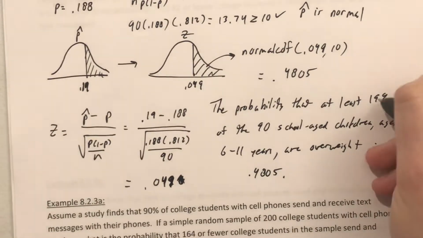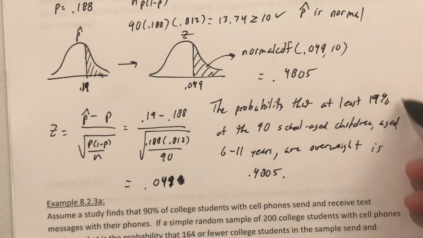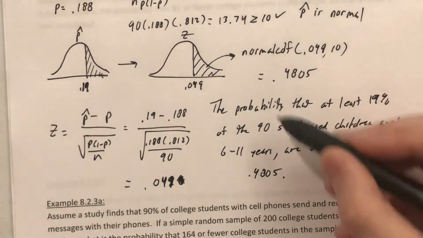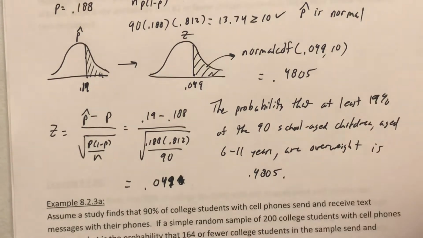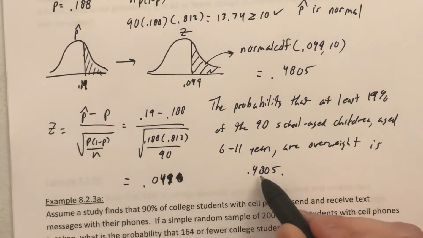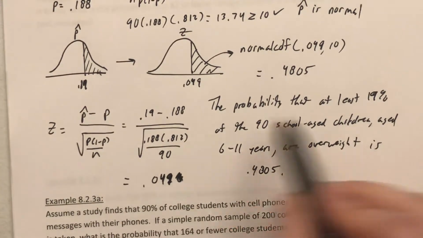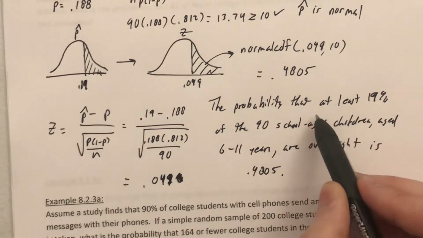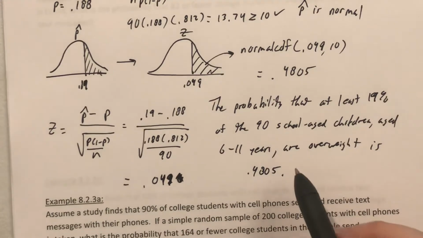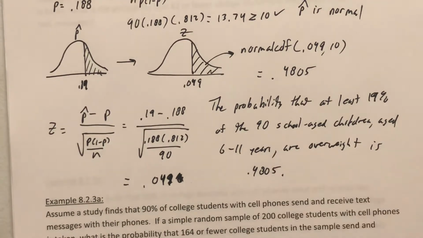I think it's usually convenient, if possible, to phrase the proportion as a percentage and the probability that you had as an answer as a decimal. It's not required. I could have put at least 0.19. I could have put 48.05% because percentages can describe probabilities too. But it just kind of keeps the context of that's the proportion in question and that's the probability of that proportion for the sample of that size.